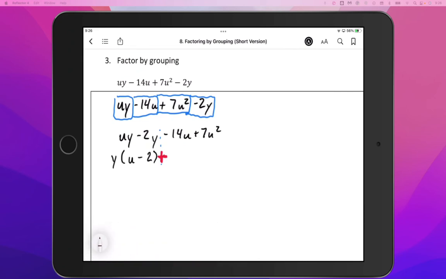And then on the right side, I see that I can factor out a 7, which is going to leave negative 2u. Oops, nope, I need to take out a u as well because they both share a u. So I can take out a 7u, which is going to leave a 2, negative 2, my bad, plus u.